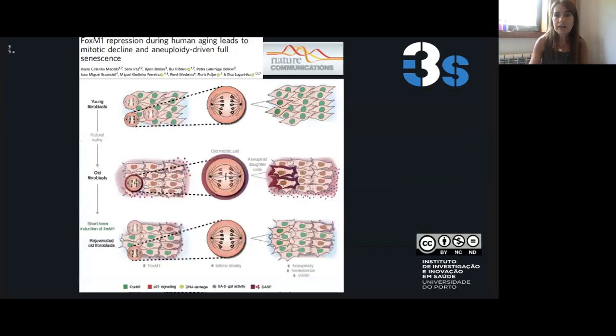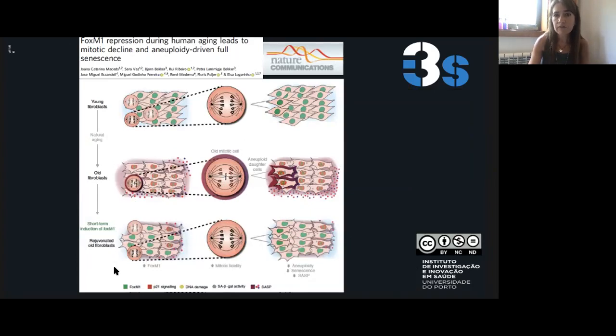Altogether, our data support a model in which proliferating naturally aged cells with FOXM1 insufficiency and with a senescence-associated transcriptional priming, early senescence, lose mitotic fidelity, which, ending in chromosome missegregation, ultimately triggers the accumulation of full senescent phenotypes in the aneuploid progeny.